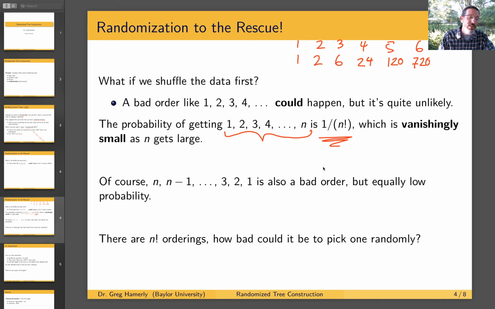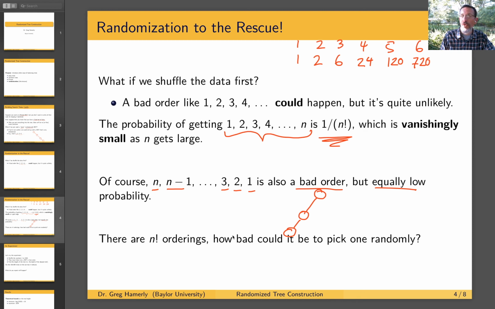Now, that's not the only bad sequence that we could end up with after shuffling. We could also end up with n, n minus 1, n minus 2 down to 3, 2, 1, right? And then we would get a tree that looks like this, right? That's also a bad order, but it has equally low probability. It's also 1 over n factorial, okay?